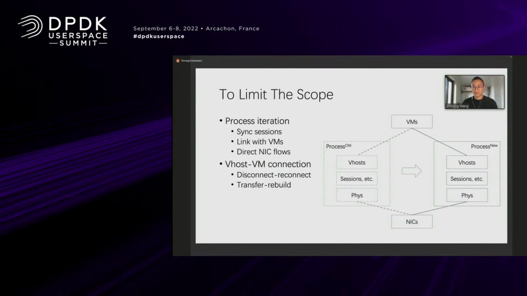So you mean that at some point both processes are active? Right, both are active. If they connect to the same NIC, do they use the same DMA queues, or does the new one use different DMA queues? Definitely different DMA queues. So you have to reprogram the NIC to direct the traffic from the old DMA queues to the new DMA queues. Yeah, and that's why it's case by case, because some NICs may not be able to do that. Okay. Got it. Thank you.